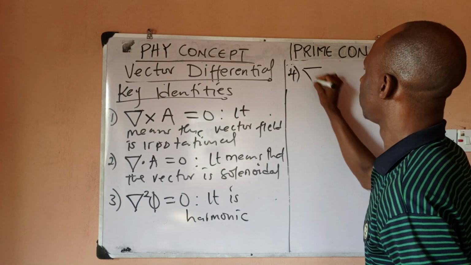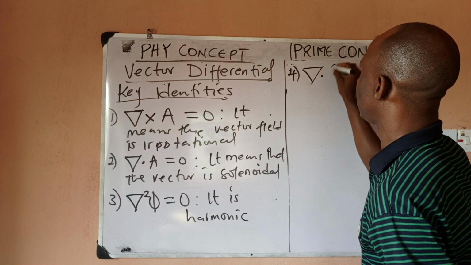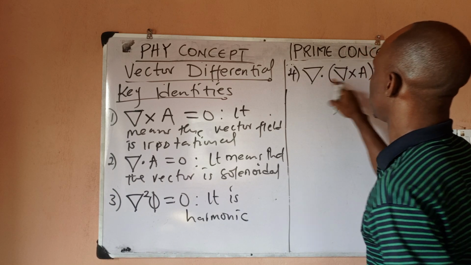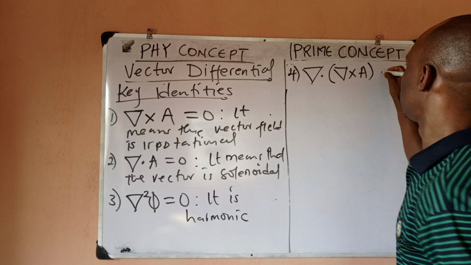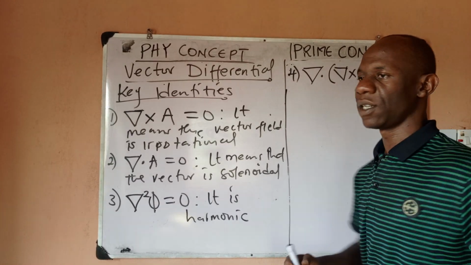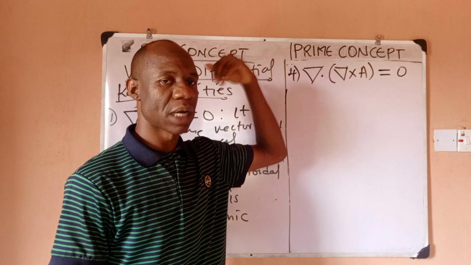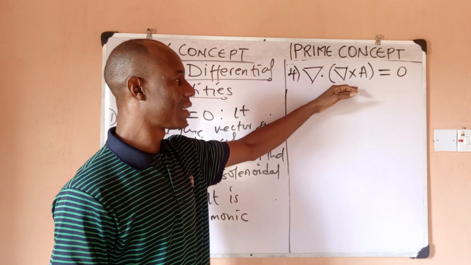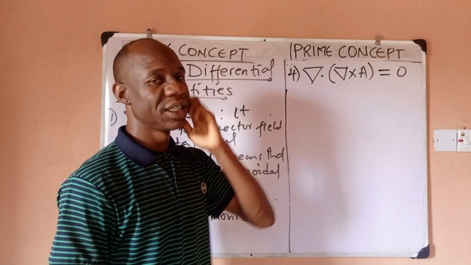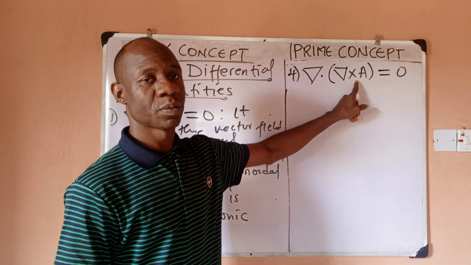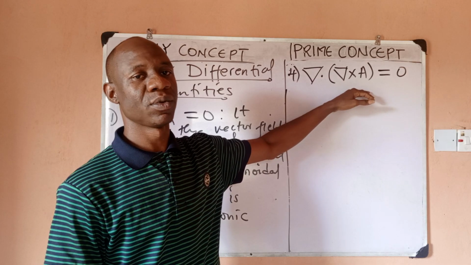Number four. These are always going to be true. We can have the divergence of a curl. The divergence of a curl is always going to be zero, always. And the reason is very simple. This can be proven from our normal vector analysis because we have already established in vectors that the dot product of a cross product, you call this scalar triple actually.